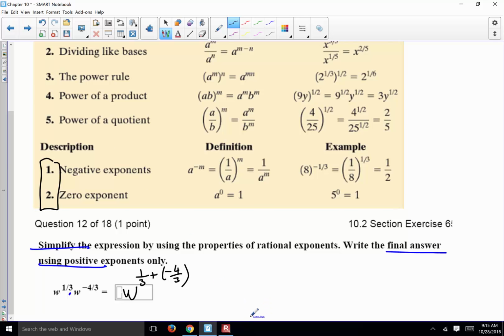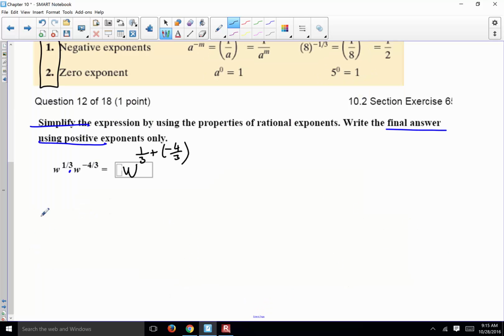So you just need to take a separate spot here and add them. 1/3 plus minus 4/3. Or actually plus minus, some people like to combine these. Addition of a negative number is actually subtraction. You can combine plus minus into minus, but it's no harm if you keep it plus minus 4.